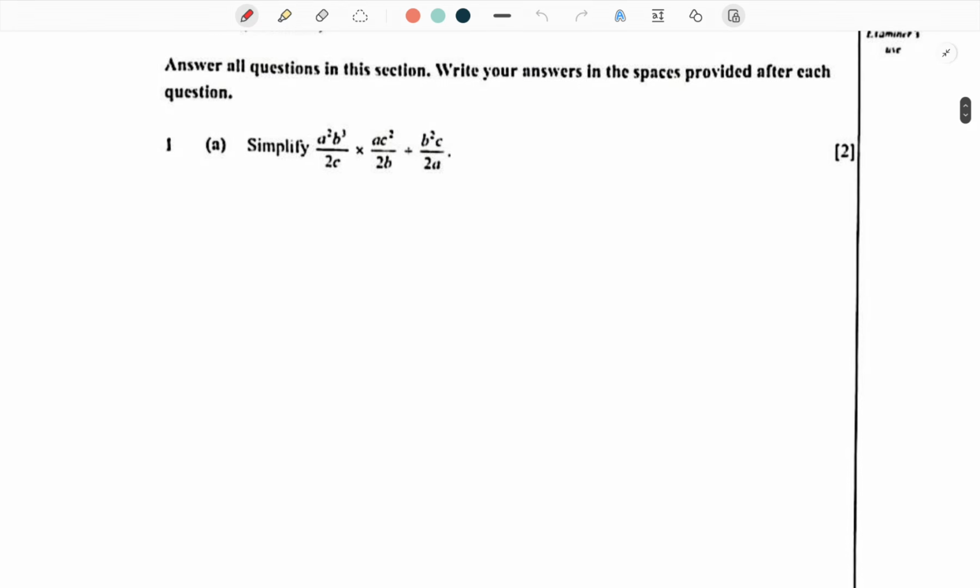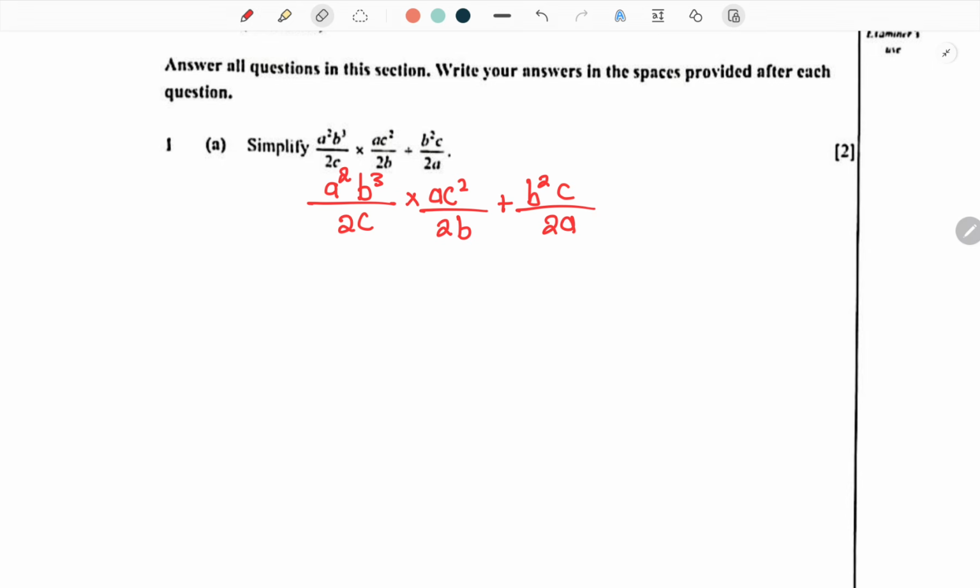we had this particular question which was saying we simplify. You are given a to the power 2, then b to the power 3 all over 2c, multiplied by ac to the power 2 over 2b, and then this is supposed to be divided by b to the power 2 c all over 2a.